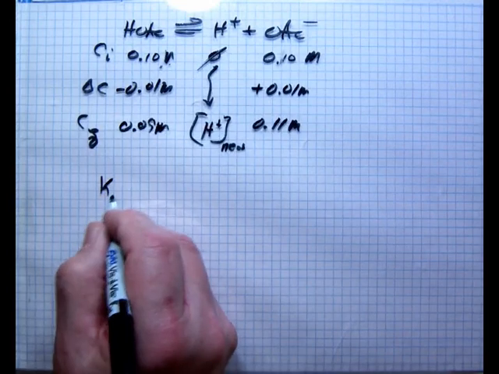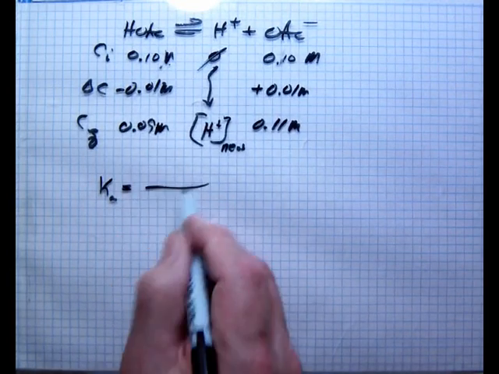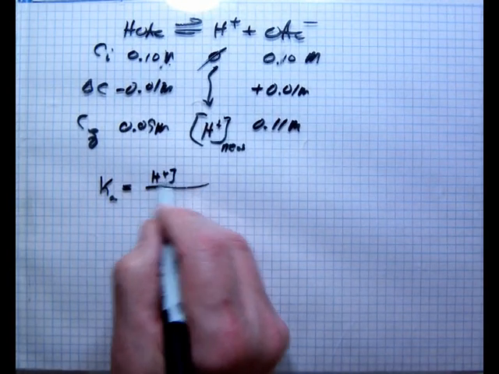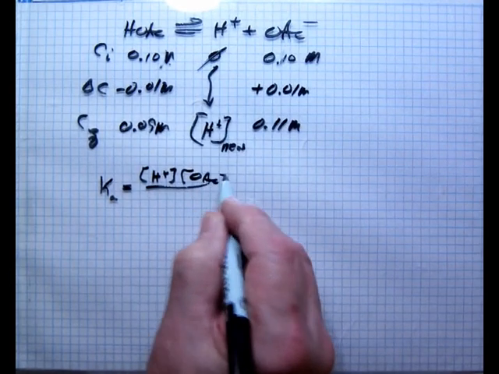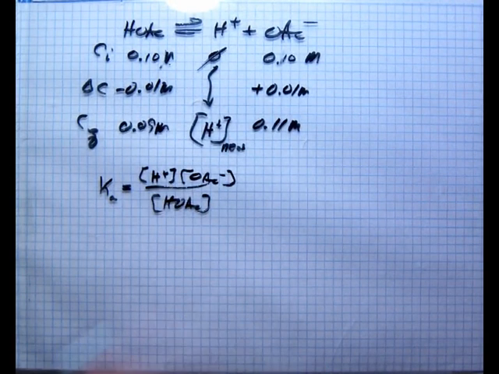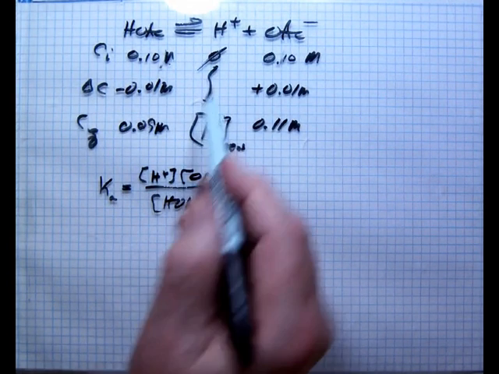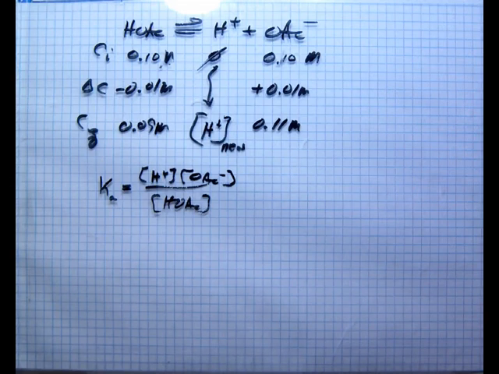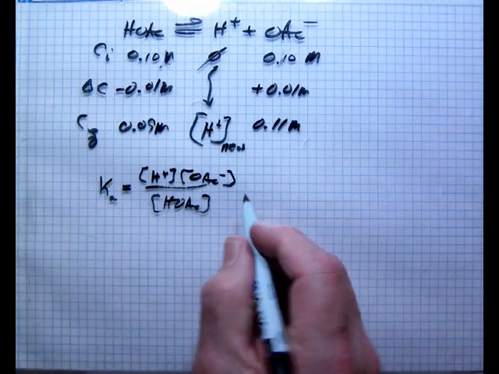So the Ka value for the acid, again, is H plus OAc minus over HOAc, like that. And the objective is, what is the new hydronium ion concentration when we put in the extra base, and the reaction itself is what shifts the pH?